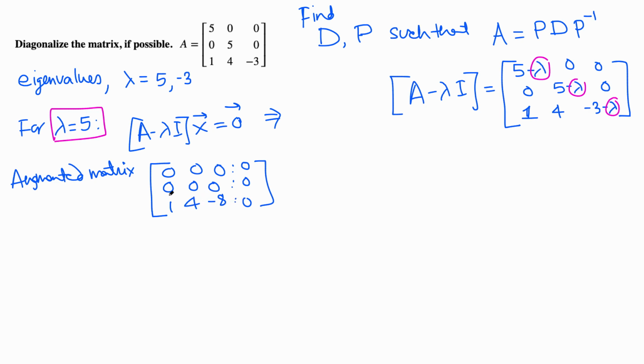This x has 3 components, x1, x2, x3. The rows of all zeros go on the bottom, so let me put row 3 in row 1: 1, 4, negative 8, 0.